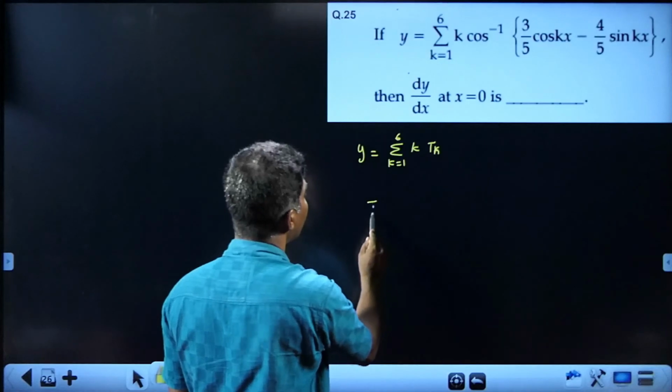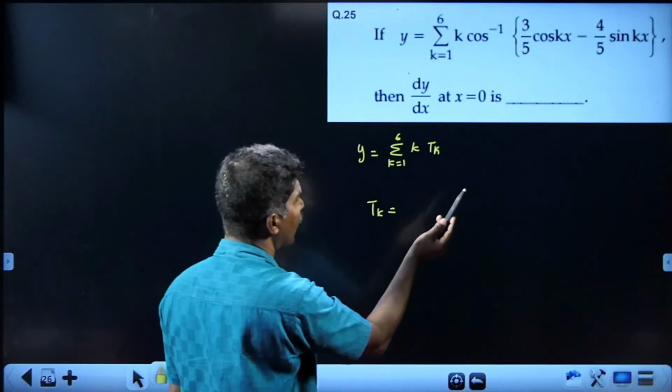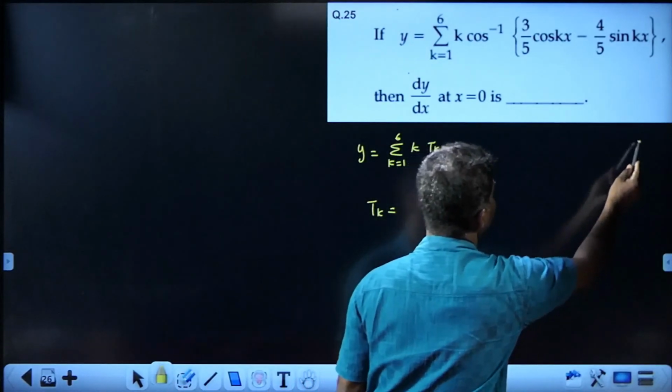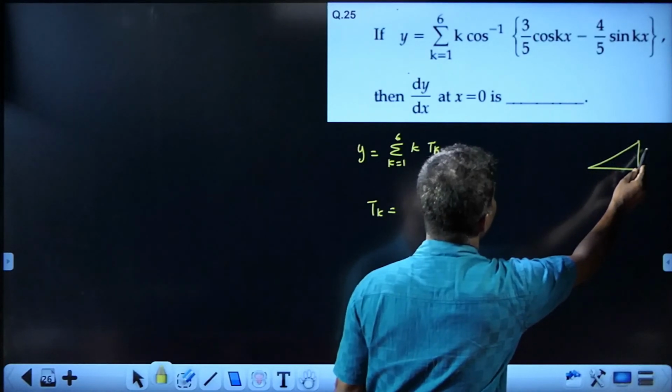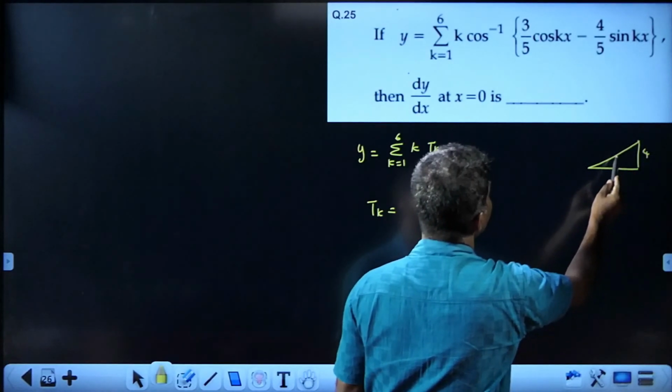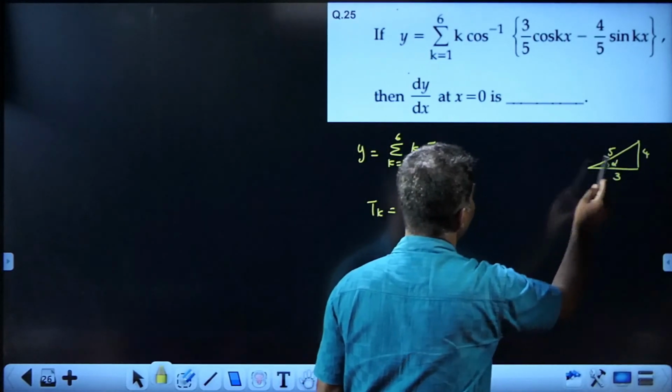Tk I can write it with 3 by 5 and 4 by 5. You know that there is a right angle triangle with sides 4, 3 and 5, and this angle becomes some alpha.